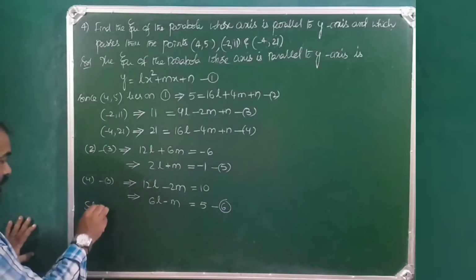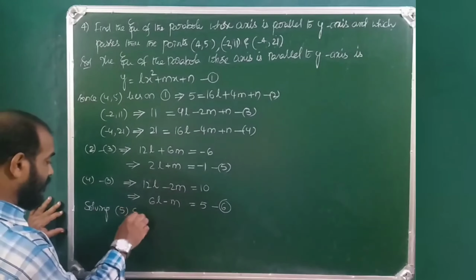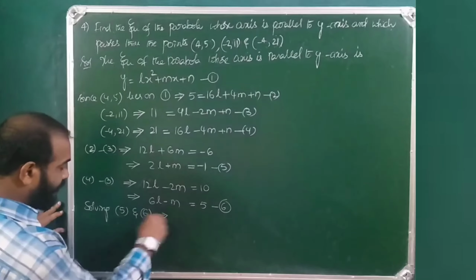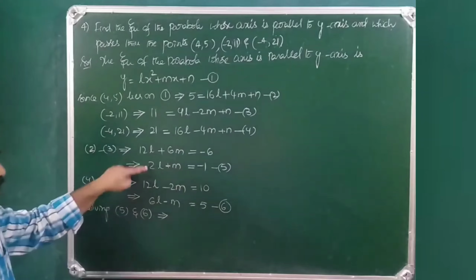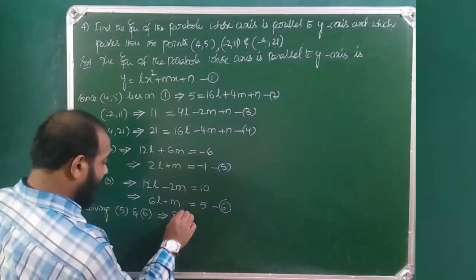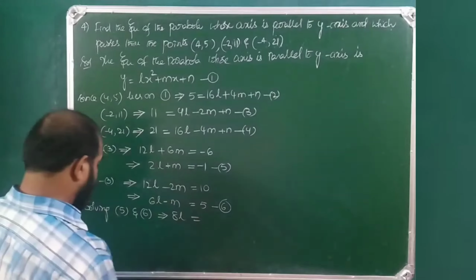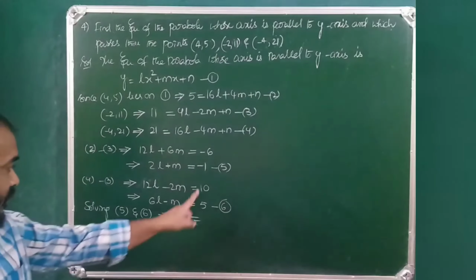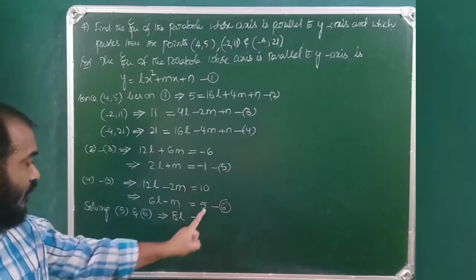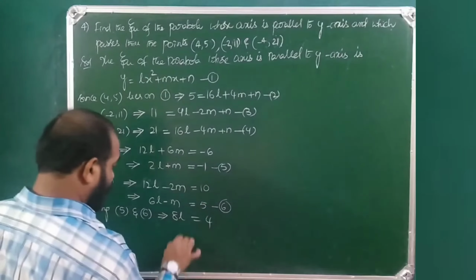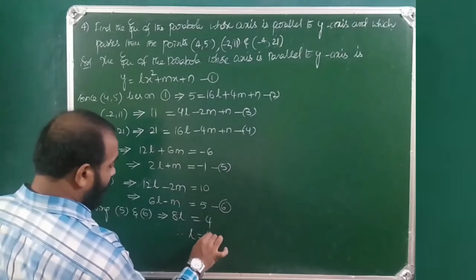Solving 5 and 6, we will simply add 5 and 6. 2L plus 6L is 8L. Plus M minus M gets cancelled, is equal to minus 1 plus 5, which is 4. So therefore L is equal to 4 by 8, which is 1 by 2.